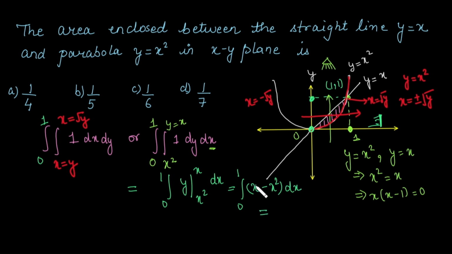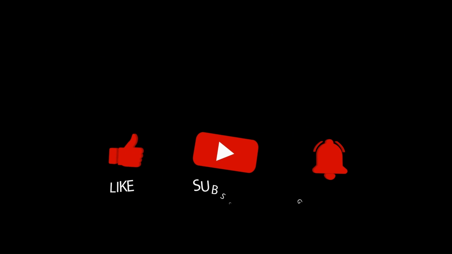This is equal to the integration of x, which is x square by 2, minus the integration of x square, which is x cube by 3. Lower limit is 0, upper limit is 1. This is equal to 1 by 2 minus 1 by 3. This is further equal to 1 by 6. Hence option C is correct.